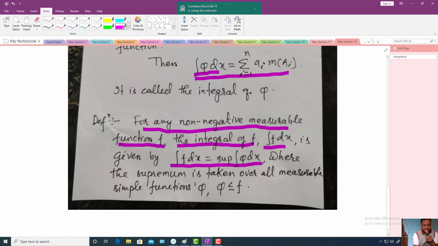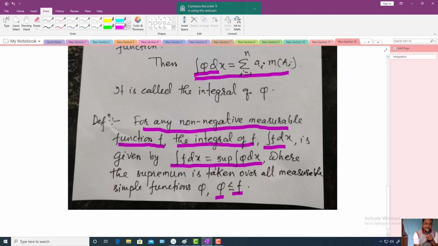The supremum is taken over all measurable simple functions phi such that phi is less than or equal to f. This is the definition of the integration of a non-negative measurable function.